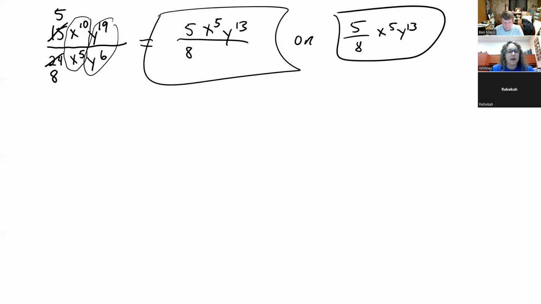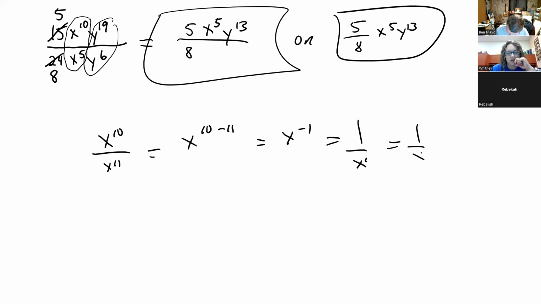So if the bottom number is larger, like if it was x to the 11th, then it would be a negative exponent. So it'd be on the bottom, and then in the answer, you just flip it. Yeah. So let's say we had this. That would become that, or just that.